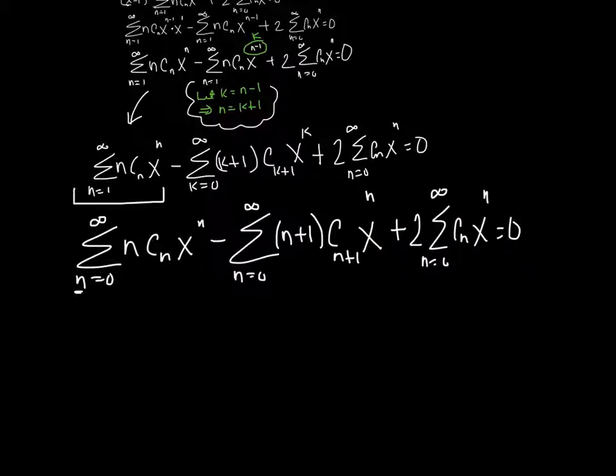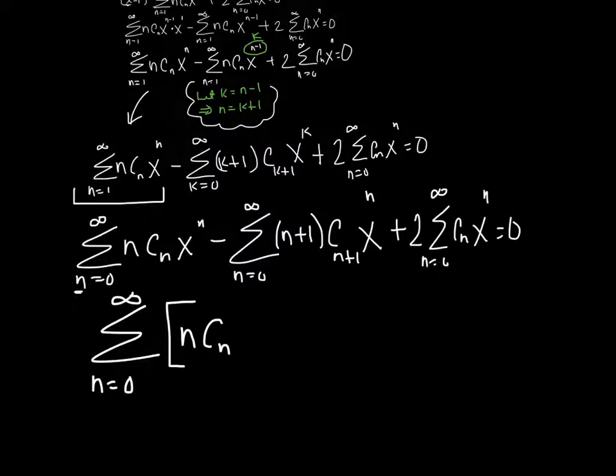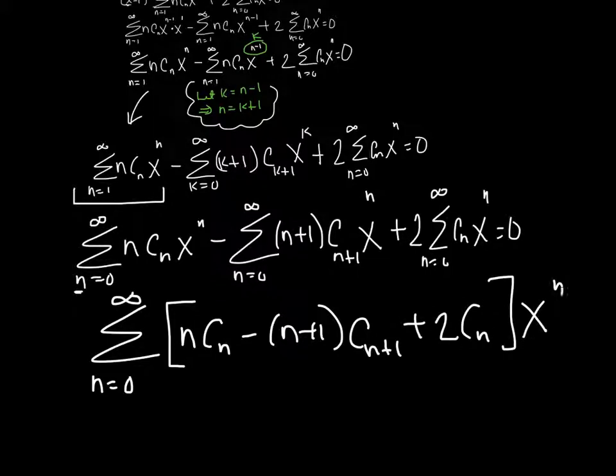So now we can use our power series operations that we learned in algebra. We have our summation notation, and I'm basically factoring out x to the n. So I have n, cn minus n plus 1, cn plus 1 plus 2cn. Again, all I really did was factor out that x to the n.